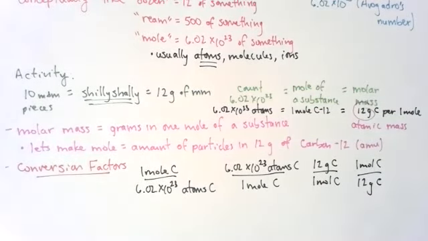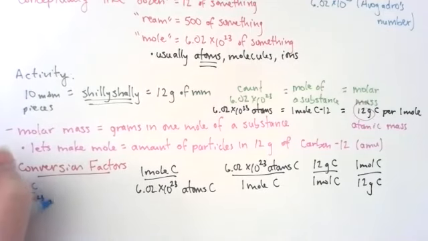Let me tell you right off the bat, the best thing you can do for yourself is memorize these. Understand that there's Avogadro's number in 1 mole and that 1 mole has 12 grams. What I'll see on tests is people will write 12 grams of carbon in 6.02 times 10 to the 23rd atoms.